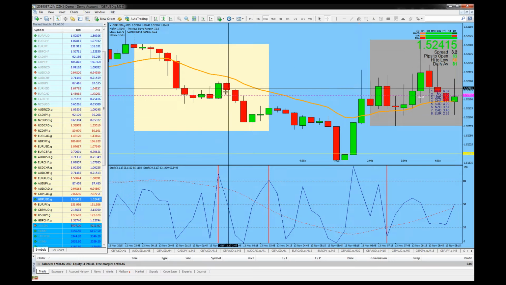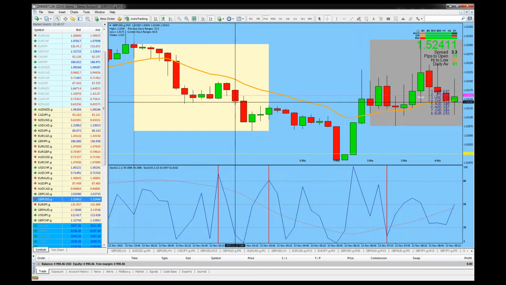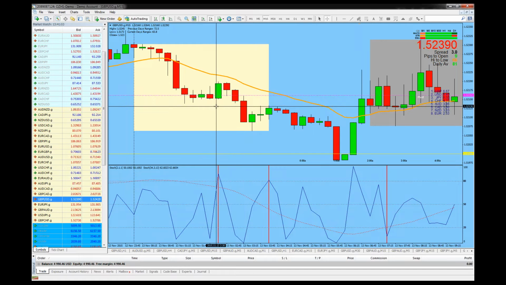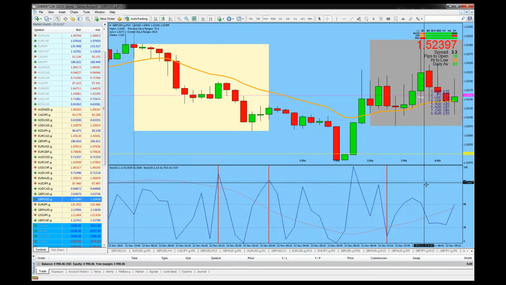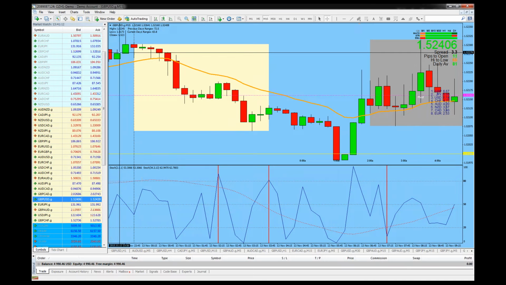Let's assume this was set to 14. The percent K line is looking for closes below the last 14 candles, because we're in a downtrend. And this 80 represents 80% of the time these candles closed below the last 14.